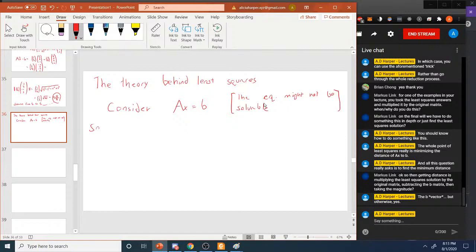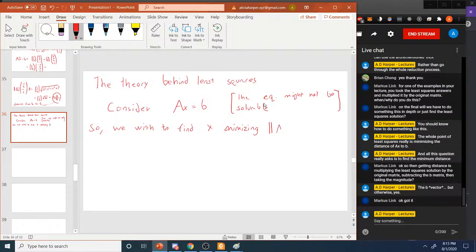So we wish to find X minimizing the norm of AX minus B. Basically, if we can't make A of X equal to B, we want to get A of X as close as possible to B. So how do we do this?